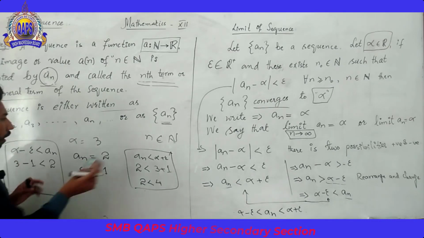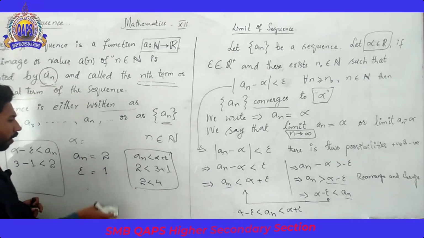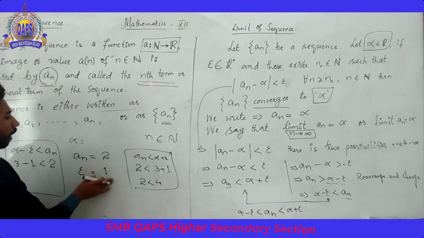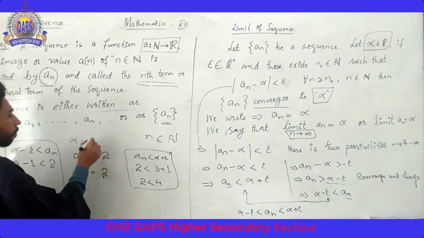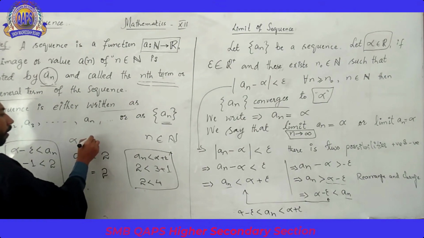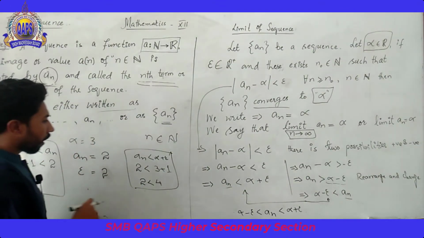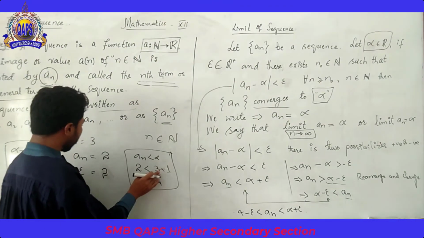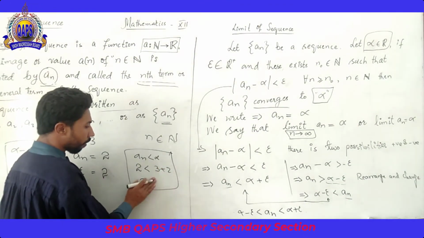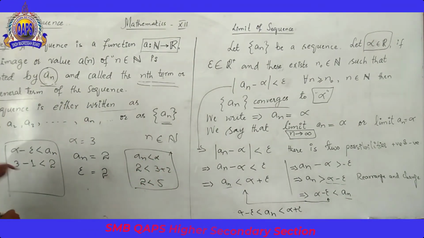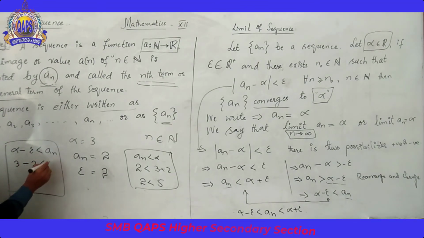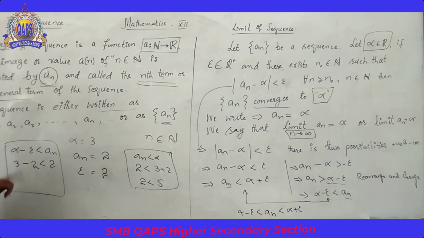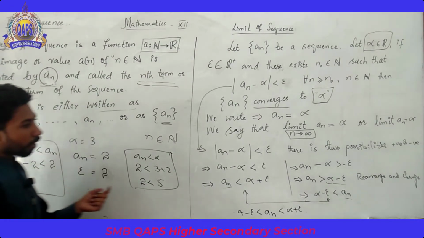Or you can put another number here, or you can put the same 2. Let's suppose 2 is the same, and you can put 3 here. Then what will be the result? Let's suppose I put 3 plus 2, then the result will be 5. And if we put 3 minus 2 and this is 2, then it will change, because this is not satisfied.